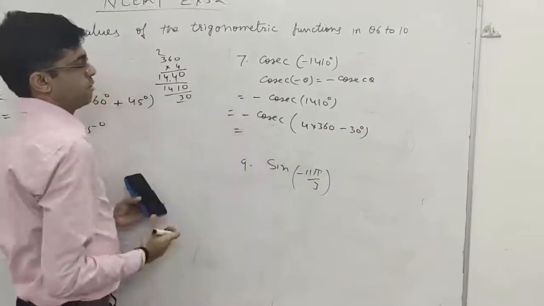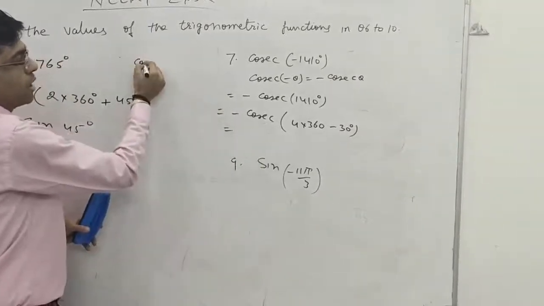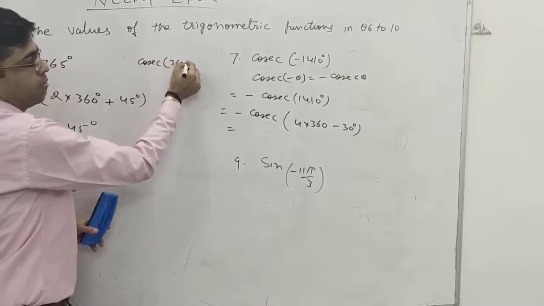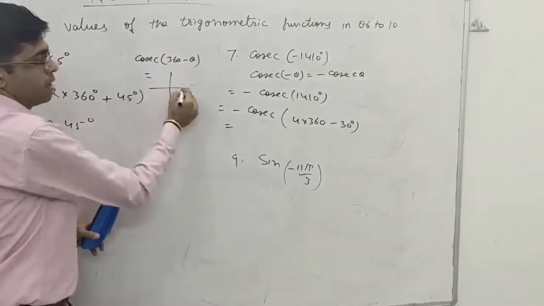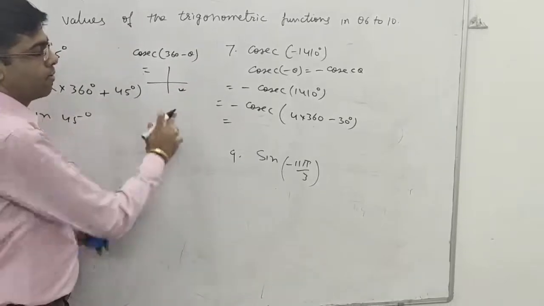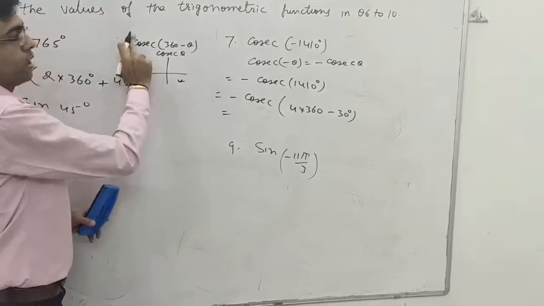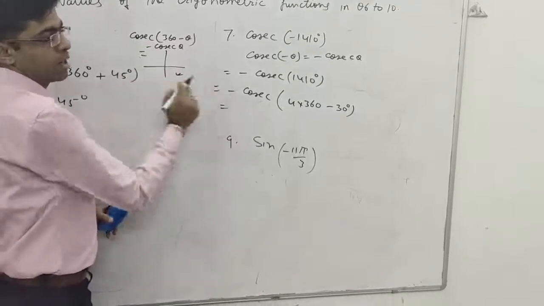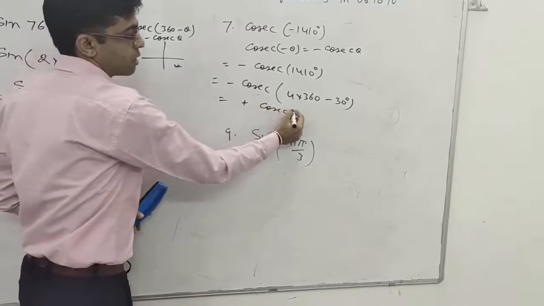So this is basically of the form cosec 360 minus theta. And what is cosec 360 minus theta? This is in the fourth quadrant, and in fourth quadrant only cos and sec are positive. So this is negative and outside is also negative. The negative becomes positive, and this is cosec 30 degree.